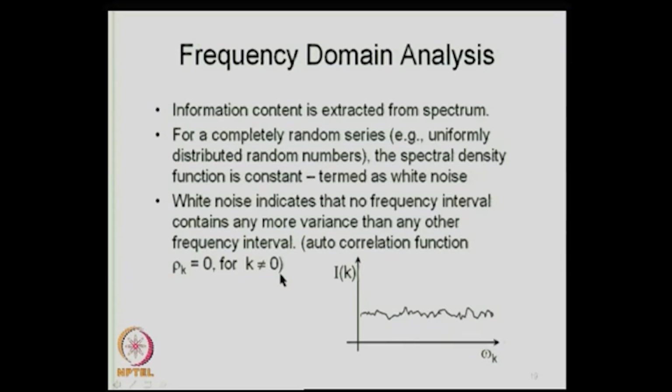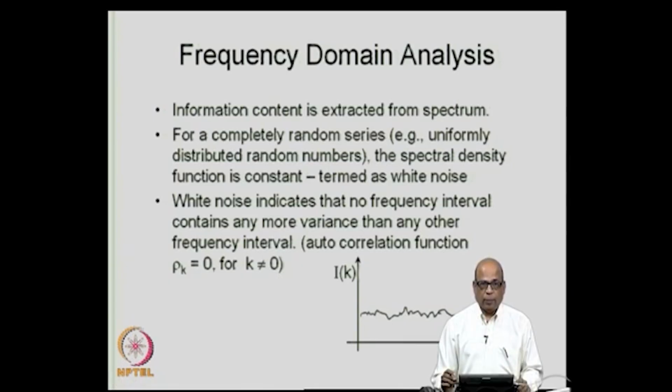What do I mean by significance? If you recall, we draw a band of 2 by root n, actually 1.96 by root n, on either side, plus 1.96 by root n and minus 1.96 by root n. This is at the 95% significance level. So, if all your R k, or the lag k correlations, fall within this band, they are all insignificant.